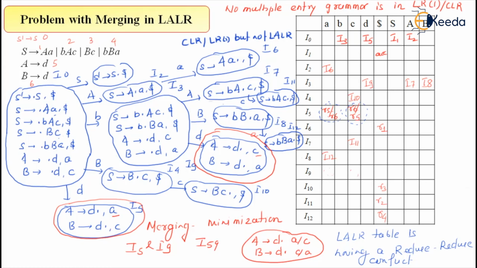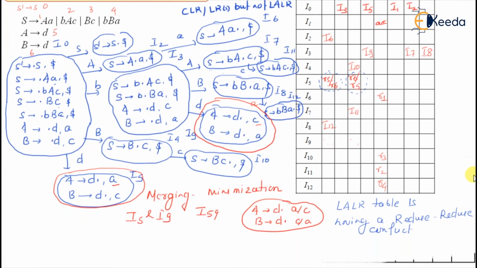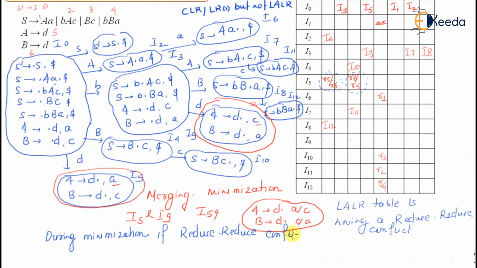Okay, so that is the issue with this LALR parser. We can summarize this situation in this way: during the merge operation, during minimization, if a reduce conflict is generated, then that grammar is not in LALR.